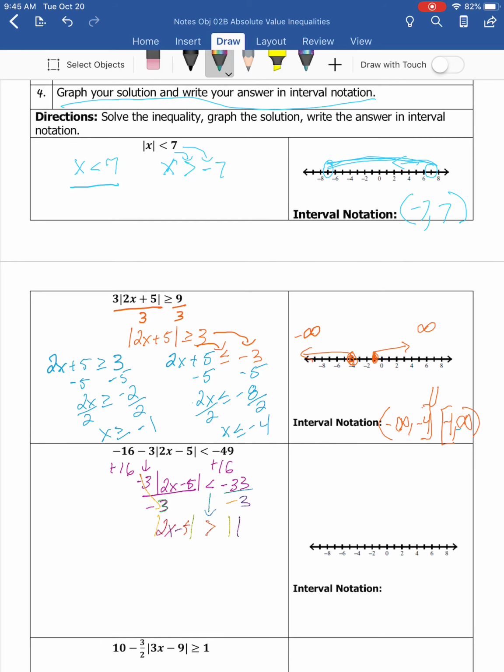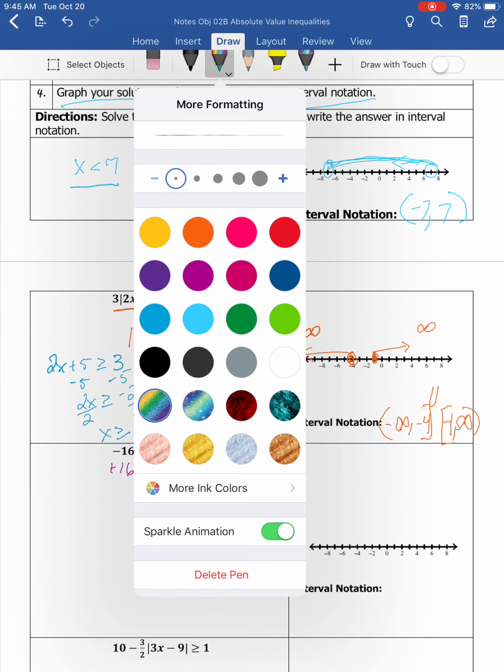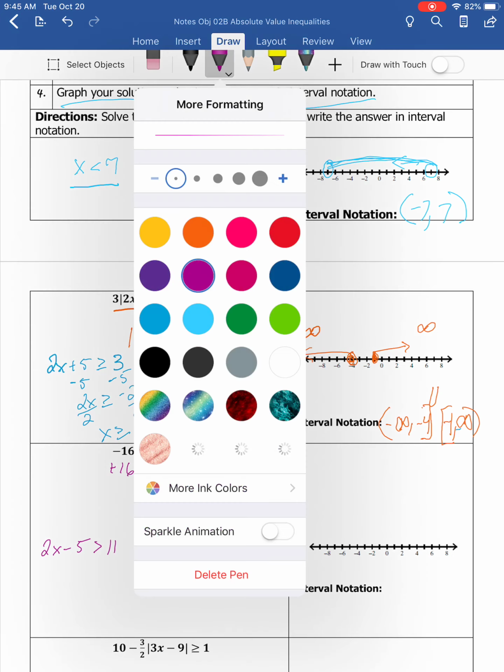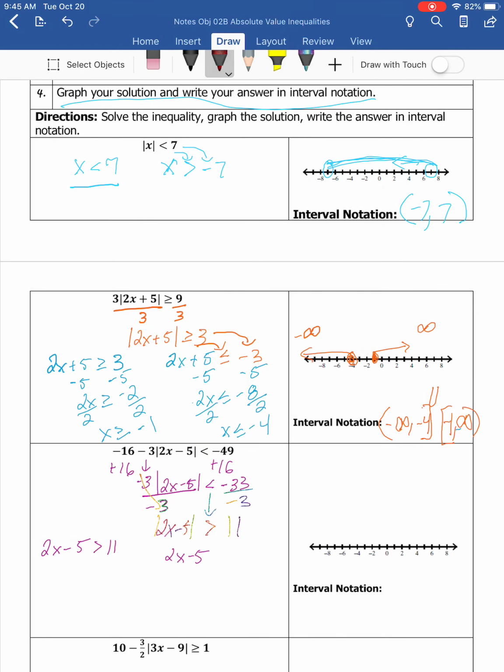All right, now we're ready to actually solve this twice. So this is going to be 2x minus 5 is greater than 11. And then you have 2x minus 5, but I switch, this is going to be less than negative 11. Keep, switch, switch. Okay.